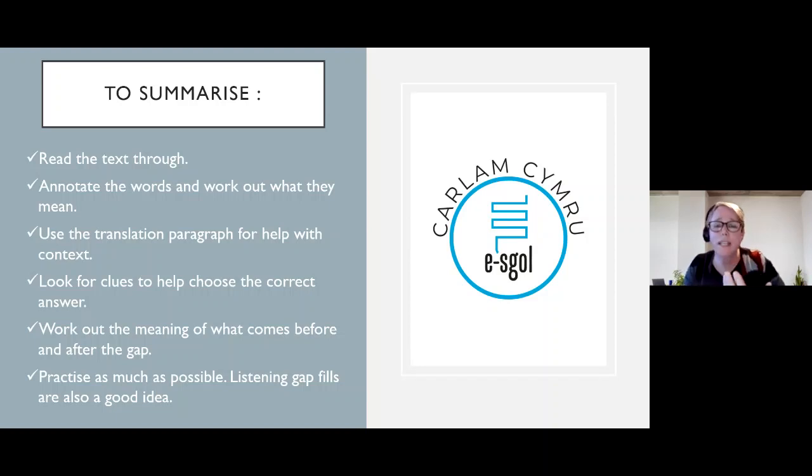Yeah, so listening gap fills, or just make some with some friends and swap them. But just keep practicing the gap fills and that vocabulary and grammar that you need for other parts of your papers as well. Just make sure you are doing as much grammar as possible, because it really is checking on this, and the vocabulary that goes with the topic areas that you're studying.